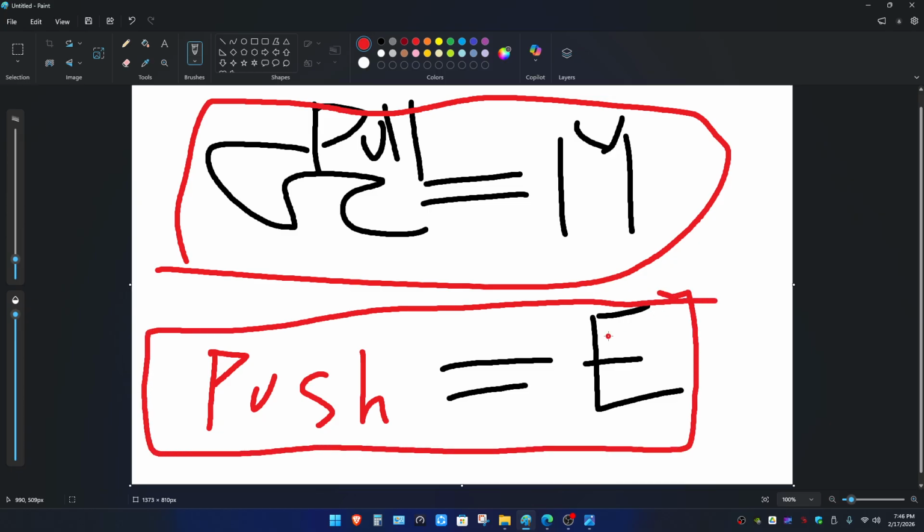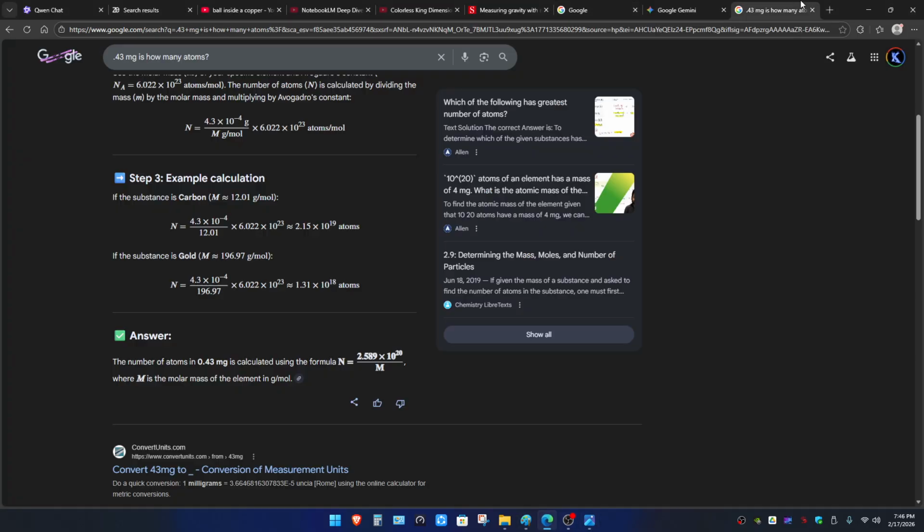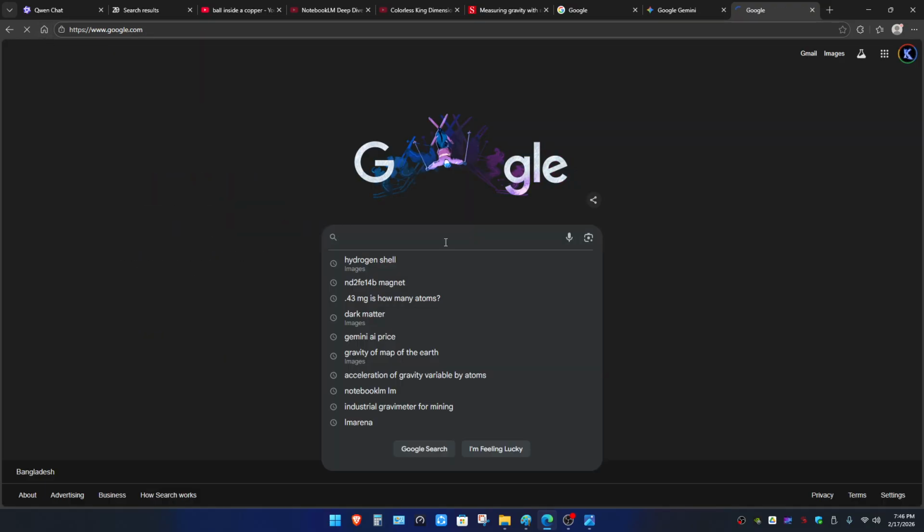And the amount of push we need in order to make the magnetic field of any materials split apart is so much high that what we end up seeing is the dark matter part.